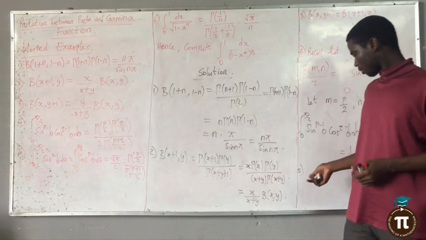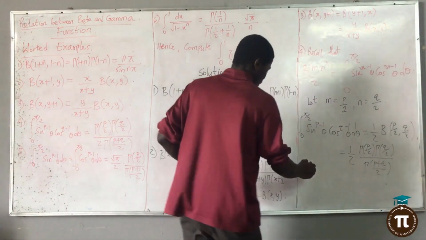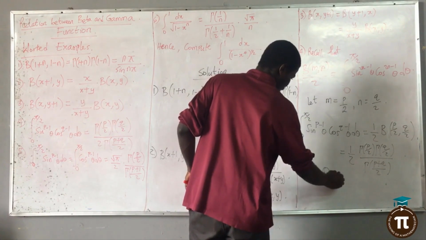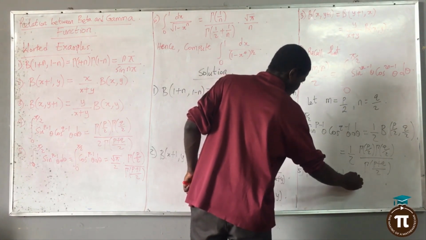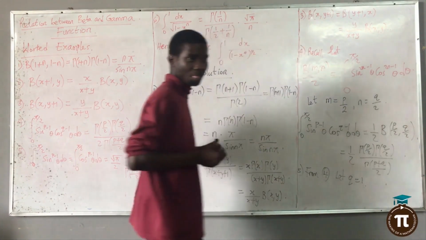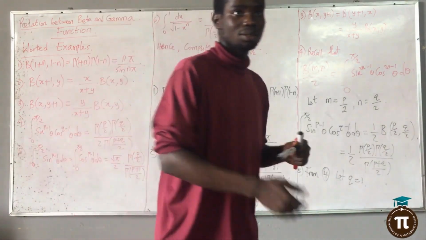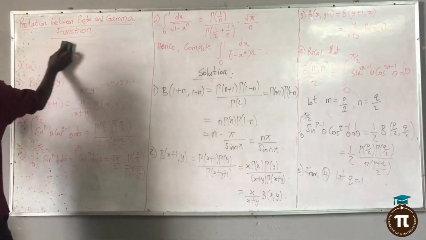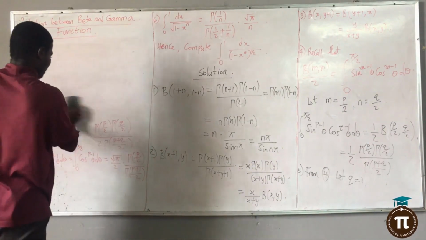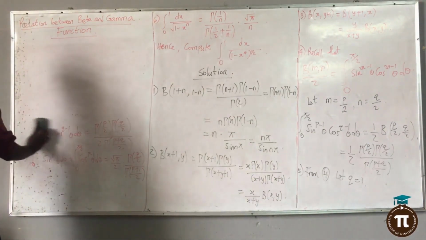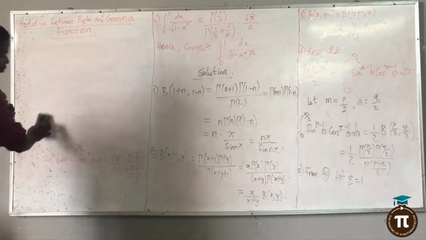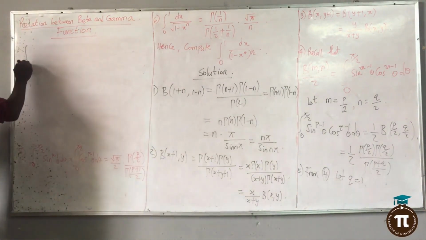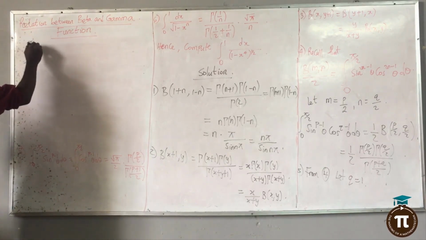If we look at 4, let q be 1. That's all we need. So if you let q be 1 from 4, you have the integral from 0 to pi over 2.